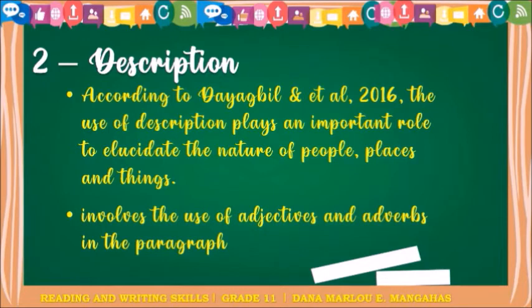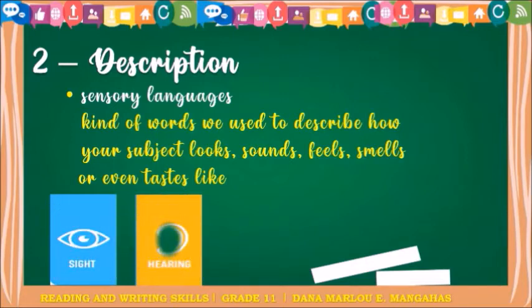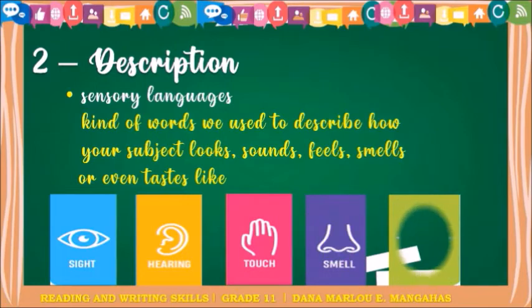This involves the use of adjectives and adverbs in the paragraph. Sensory language are the kind of words we use to describe how your subject looks, sounds, feels, smells, or even tastes like.